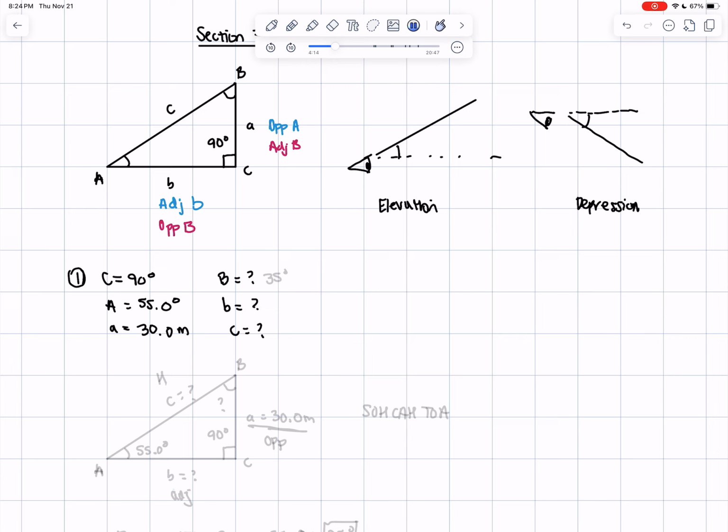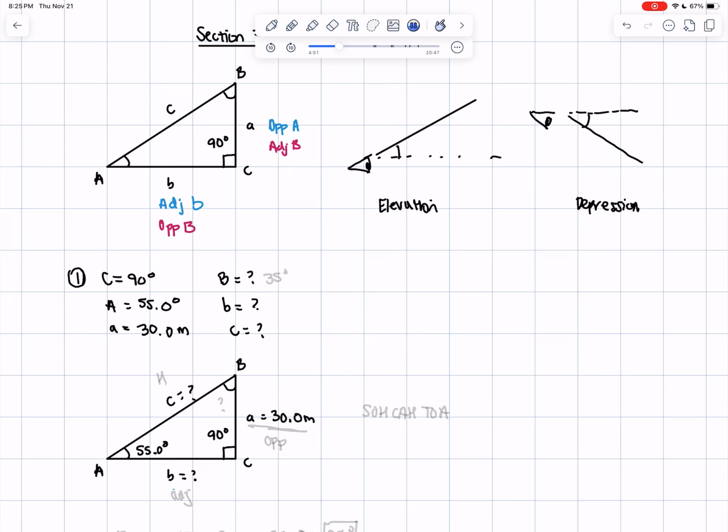I'm just going to copy this up here. So that's 90, A is 55 degrees, and we don't know what B is. We know what a is, which is 30 meters, and we don't know what b and c are. Okay, so how can I approach this?